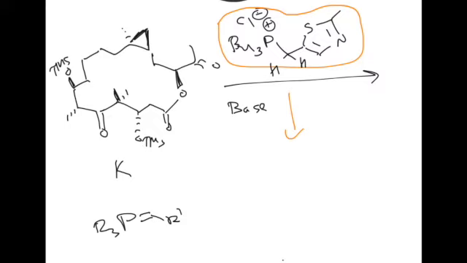So you add base to make that carbon phosphorus double bond. And then they do a Wittig reaction with this.